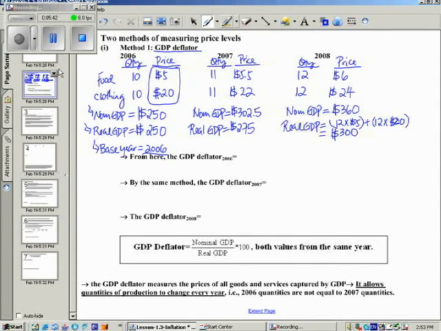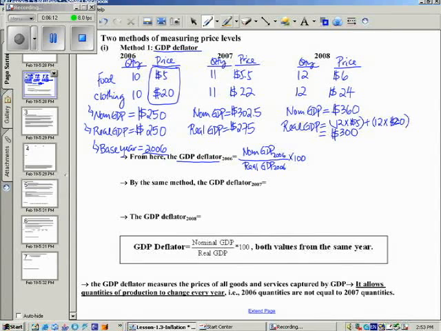How can we use what we already know in order to find the GDP deflator? Let's see. GDP deflator is simply equal to the nominal GDP of the year, in this case 2006, divided by the real GDP of 2006 times 100.